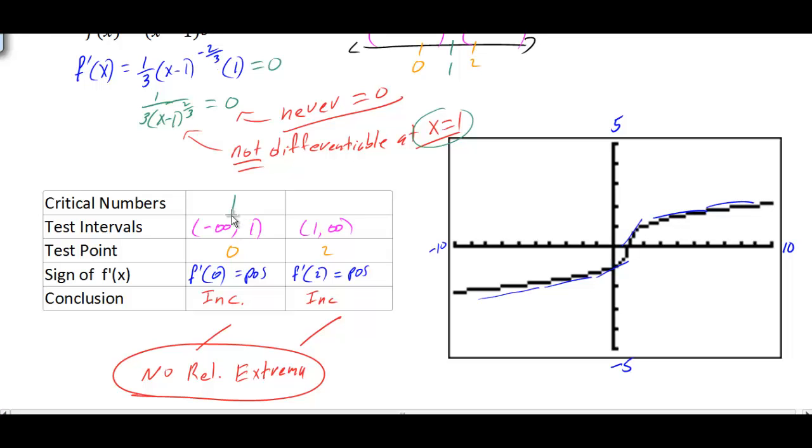And again, that is shown to us with the first derivative test because the only time our graph is going to change direction is at our critical numbers, and that means that we're going to have our graph go from increasing to decreasing or from decreasing to increasing. And this particular graph, it is always increasing, so there are no relative extrema.